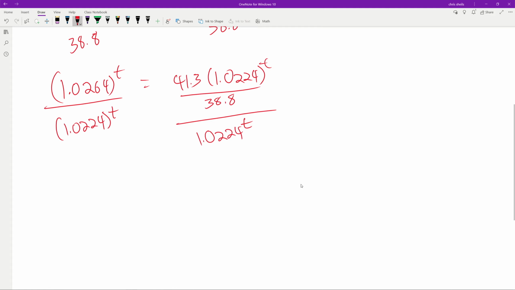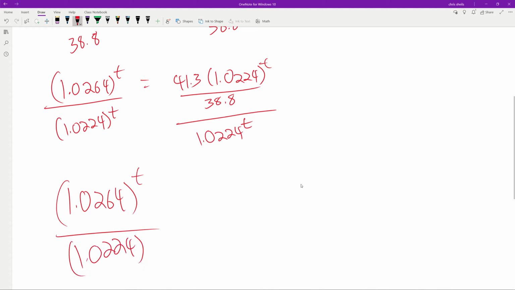Anyway, where was I? So at this point, on the left-hand side, I have 1.0264 to the t power over 1.0224 to the t power is equal to, on the right-hand side, this stuff has gone away, so I have 41.3 over 38.8.